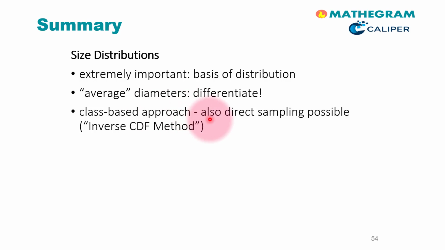Alternatively, and this has not been discussed in this unit, a direct sampling from a continuous distribution is possible. This can be done with the so-called inverse CDF method, which we also did not discuss, since it has the disadvantage that very small particles might be generated.